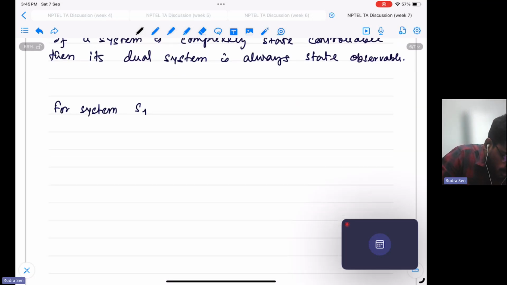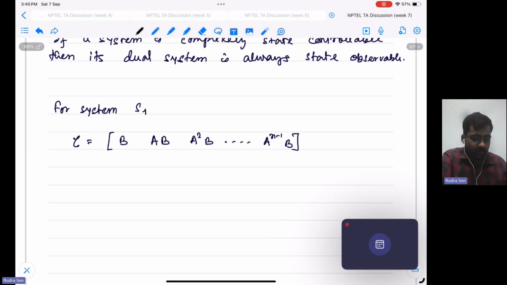So for system S1, we know the controllability matrix. This is basically B, AB, A squared B, up to A to the power n minus 1 B. Okay, this is the controllability matrix.